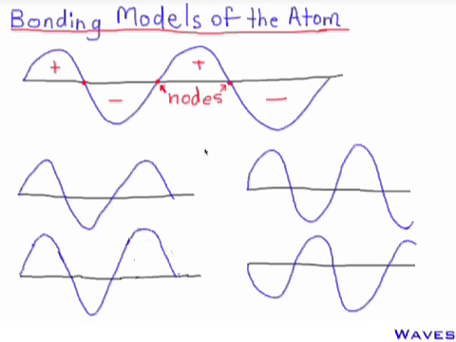Now, waves can be superimposed on each other. When you add two waves together, their positive amplitudes can co-align. They can line up nicely, and so can the negative amplitudes. And when you have this type of combination, you get enhancement of the positive amplitudes, and the negative amplitudes get enhanced.